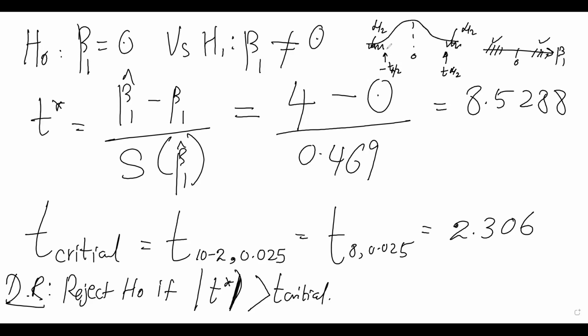It can be on either side, right? But rather than checking two things, it's easy to check the absolute value because it's always coming from the upper tail, right? You can form the decision rule like this. Reject H naught if T star is greater than T critical or T star is less than negative T critical.